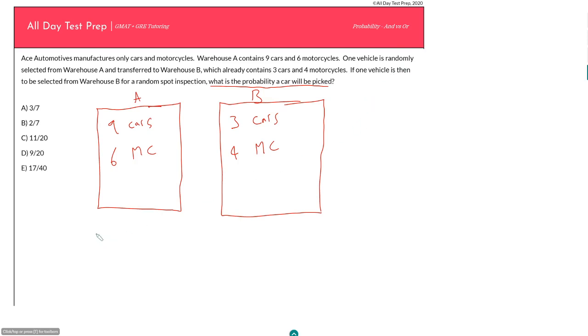So let's say I pick a car from A. That's the first thing I want to know.